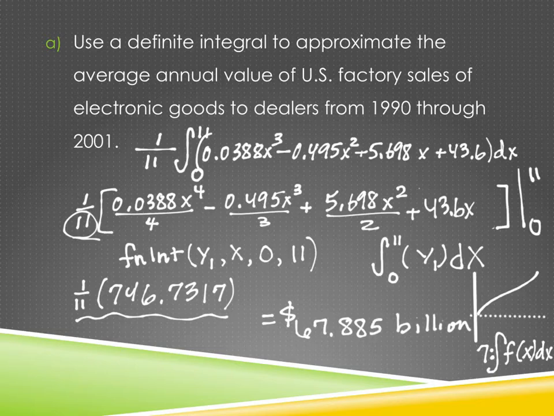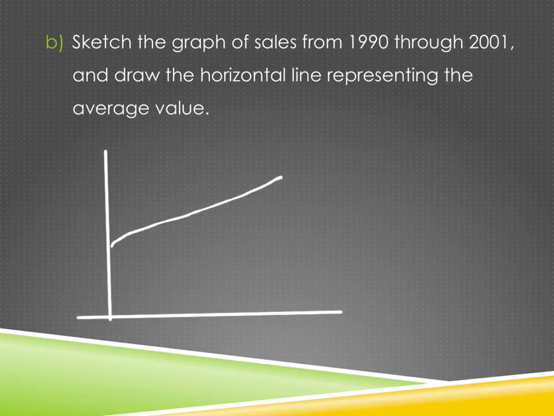In Y2, you should put in 67.885 and graph it. And what it will do is create a horizontal line about like that, give or take. Do you see that horizontal line cutting through it like that?